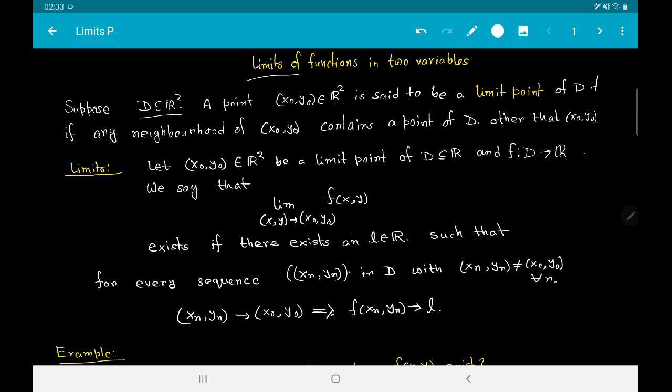A point (x0, y0) in R2 is said to be a limit point of D if any neighborhood of (x0, y0) contains a point of D. Now this is very important: this point has to be a point which is not equal to (x0, y0). So again, a point (x0, y0) in R2 is said to be a limit point of D if any neighborhood of (x0, y0) contains a point of D other than (x0, y0).